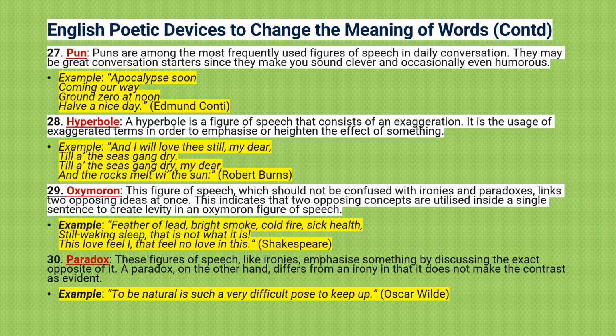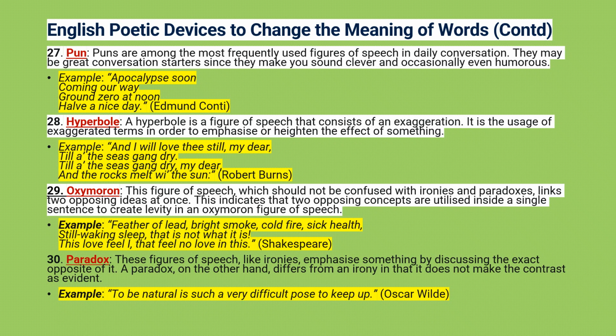So next is oxymoron. This figure of speech, which should not be confused with ironies, okay, this is very important, and paradoxes, links two opposite ideas at once. This indicates that two opposite concepts are utilized inside a single sentence to create levity in an oxymoron.